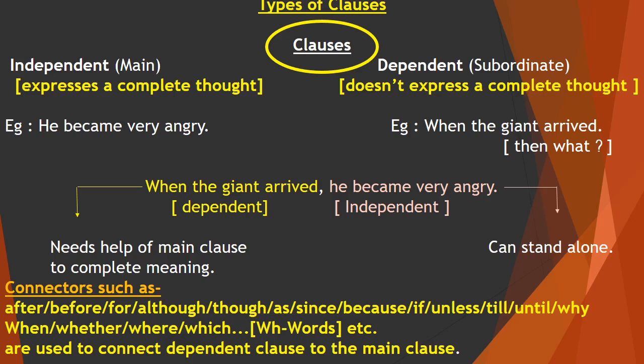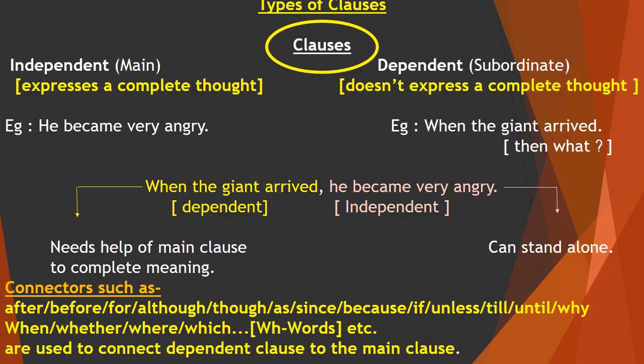So this dependent clause takes the help of the main clause to convey complete information. Now we join one independent and one dependent clause, then it is a complete sentence. When the giant arrived, he became very angry.